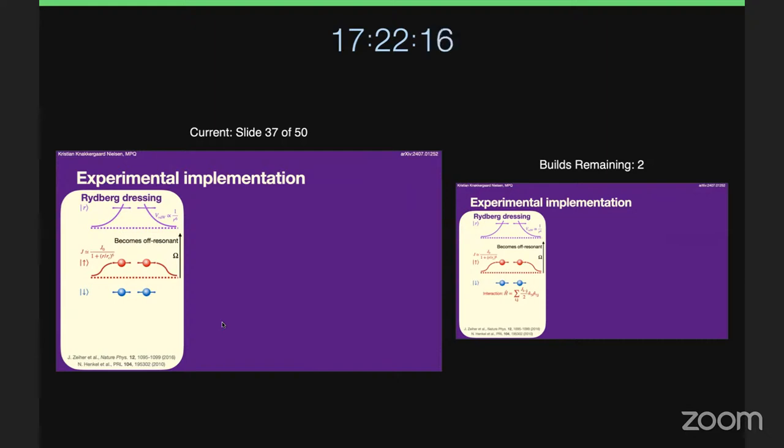And so instead of the divergent character of the interaction, you get this soft interaction. The form of the interaction is this fully polarized one where you only have interactions between spin up, and it has this structure. So something like this.